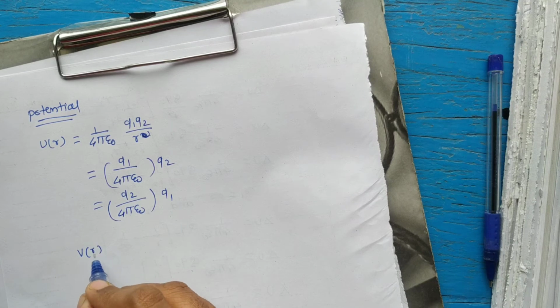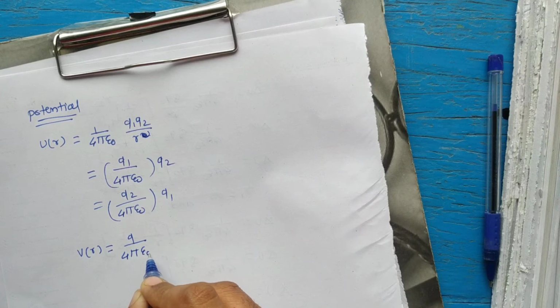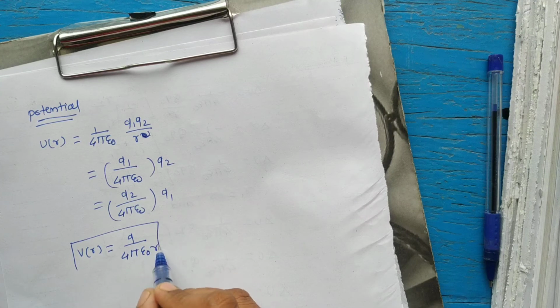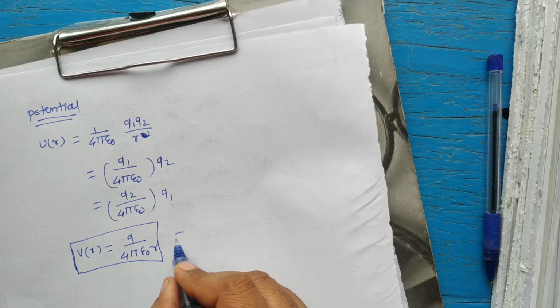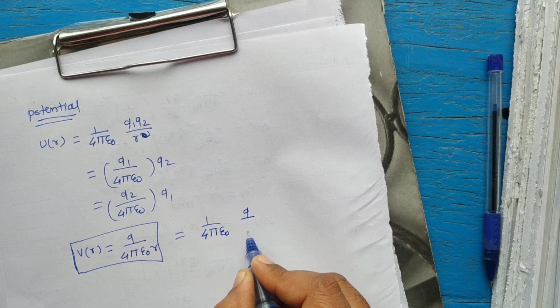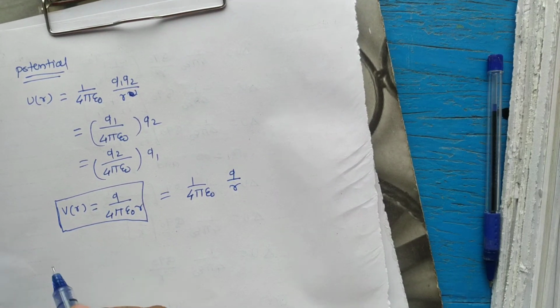That is, potential is given by q divided by 4 pi epsilon naught r. This is the potential of the charge q, or the formula for the potential of the charge is q divided by 4 pi epsilon naught r, or it can be written as 1 upon 4 pi epsilon naught into q divided by r. Then electrostatic potential energy.